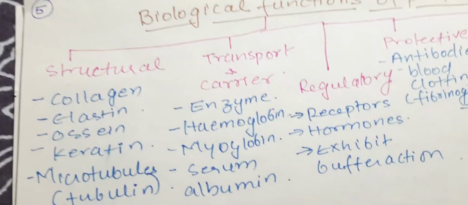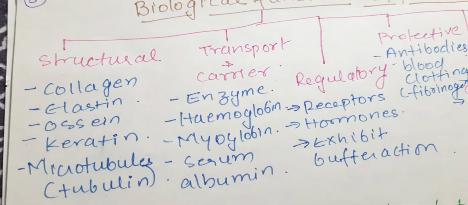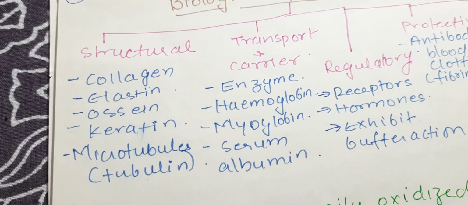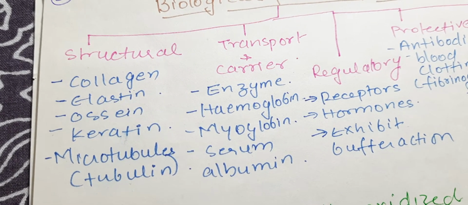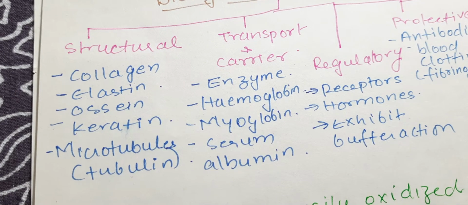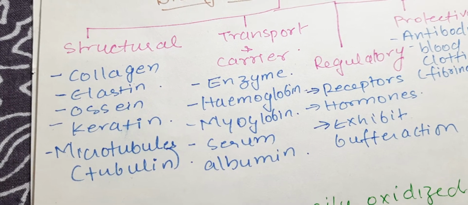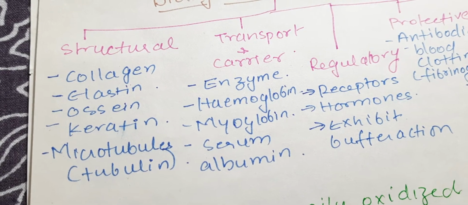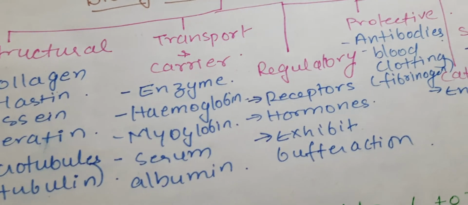So I'll be discussing only the types of protein. Structural, since they are the basic bodybuilding food. So among the structural proteins, collagen, elastin, myosin which are present in muscle, ossein in the bone, keratin, and microtubules, these are the main structural proteins.